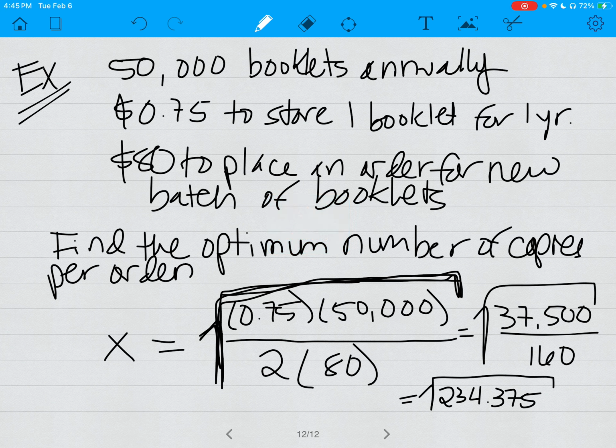And it's looking like about, we have about 15 batches. We're rounding this to the nearest whole number value. Okay. So that is the number of batches per year that's going to minimize the total cost of both production and storage.